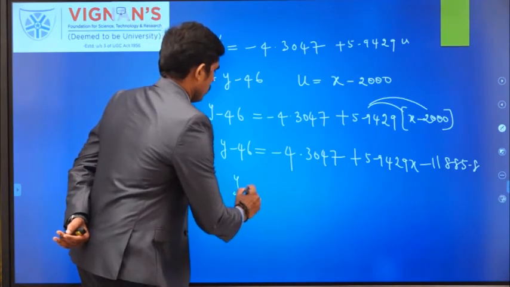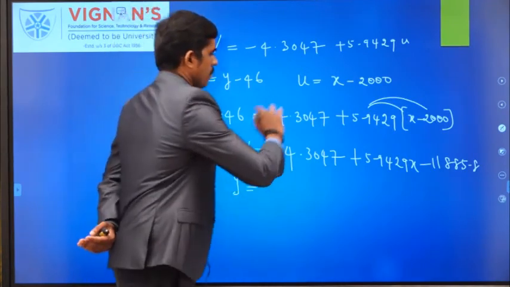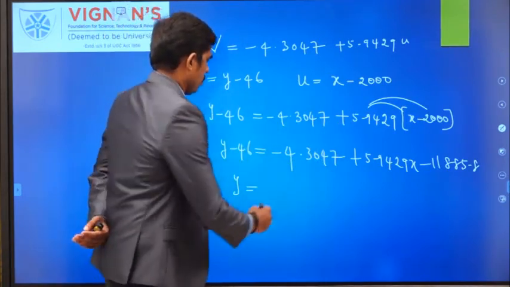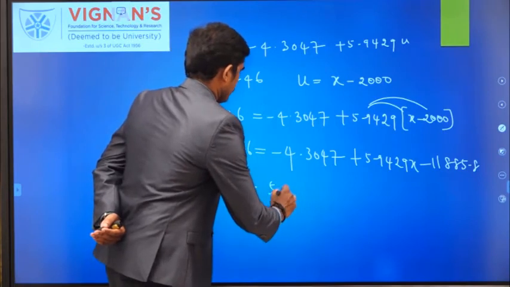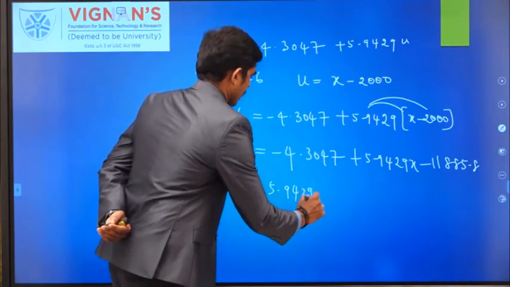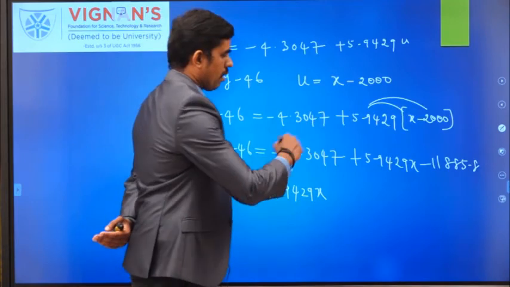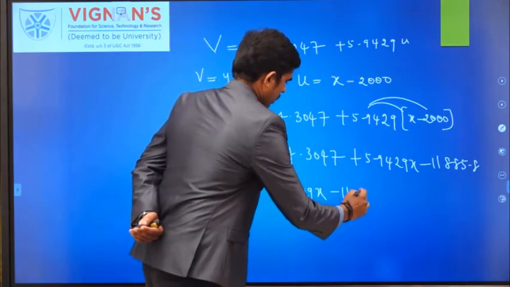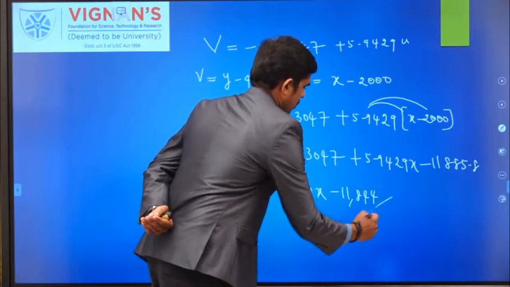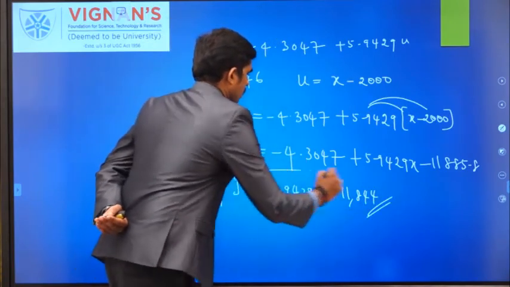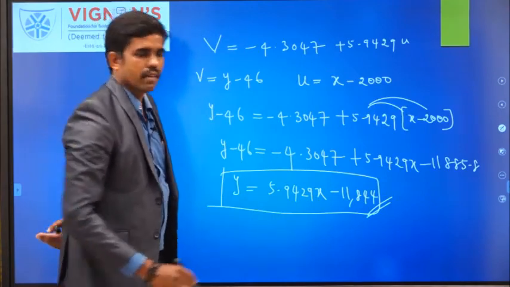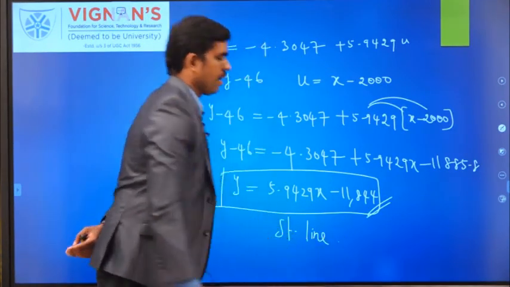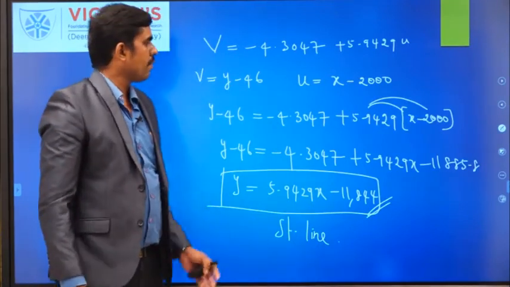Then y is equal to this, and the minus 46 on the right hand side becomes positive. After adding all the right hand side values, I will get y is equal to 5.9429x minus 11,844 approximately. So this is my required straight line fit by using the method of least squares.